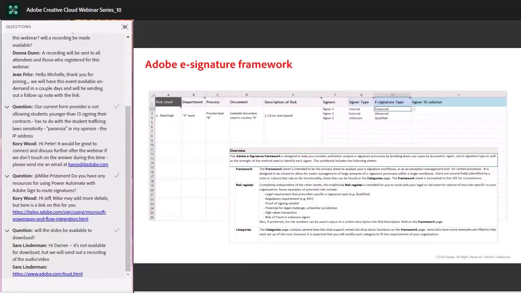Yeah, great. Another question here. This is an easy answer that I can happily answer. Their organization leverages mobile SMS multi-factor authentication using a one-time PIN code, and the question is, does Adobe Sign support that as an authentication method for identity? We definitely do. When you are defining your send for signature flow, you choose what kind of identity check you want used, and you can choose SMS-based authentication.